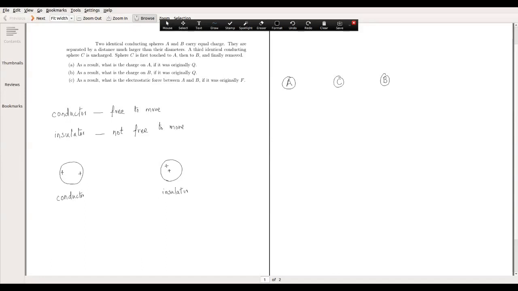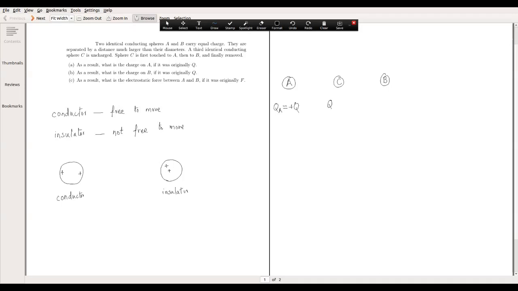Let's say to begin with, there is a charge on A, which we will call Q of A, and that's Q itself. Let's say it's positively charged, even though it's not clearly said that it is positive, it just says it's identical, equal charge on both A and B. So let's say it is positive Q.